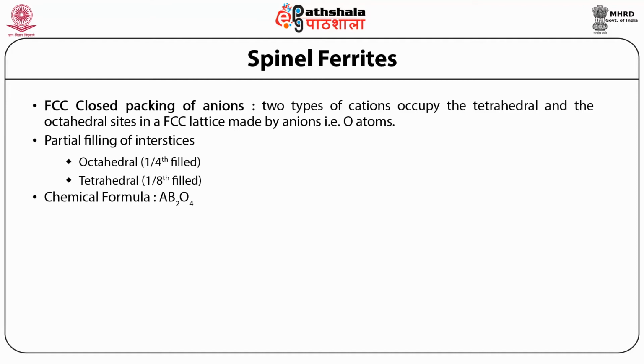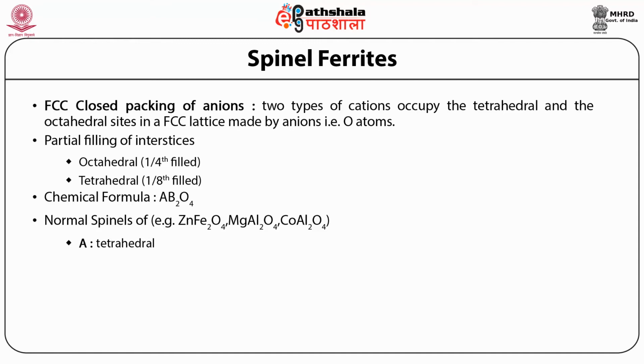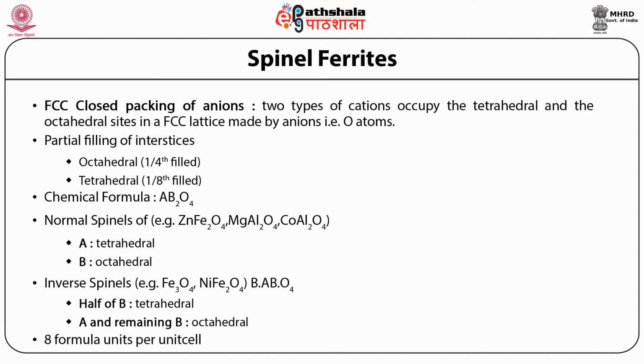Some examples of normal spinels are zinc ferrite, that is ZnFe2O4, magnesium aluminate, that is MgAl2O4, and cobalt aluminate, that is CoAl2O4. Here A is tetrahedral and B is octahedral. However, examples of inverse spinels are iron oxide and nickel ferrite.